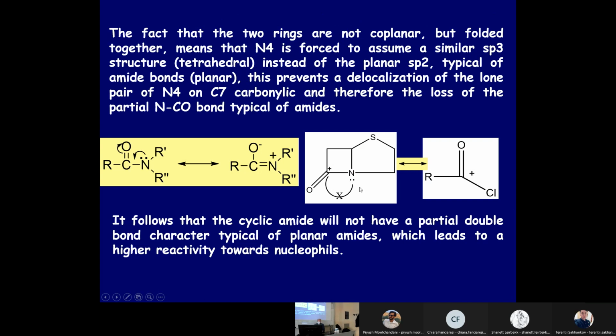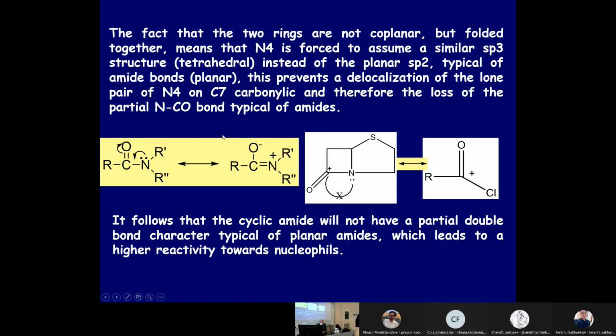So, you know that a nitrogen atom has a lone pair, a basic lone pair. In an amido group, this lone pair is shared with the carbonyl, is delocalized.